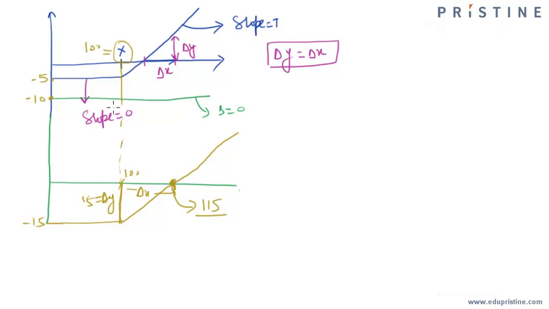Let us take an example where you have a stock which is presently trading at $100, and you think that the stock is going to go up only by 10%, which means it can go to 110 and not beyond that.